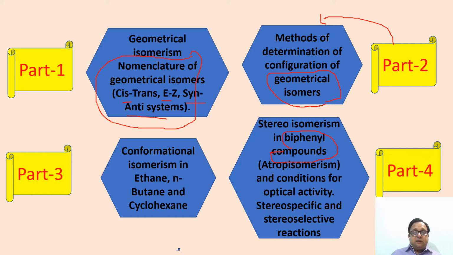In the same section, we will also study the conditions for optical activity of biphenyl compounds. Section 2 of this part will deal with the stereospecific and stereoselective reactions. So there are some reactions that are stereospecific and some reactions that are stereoselective.